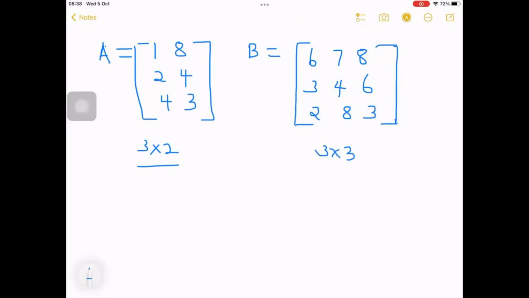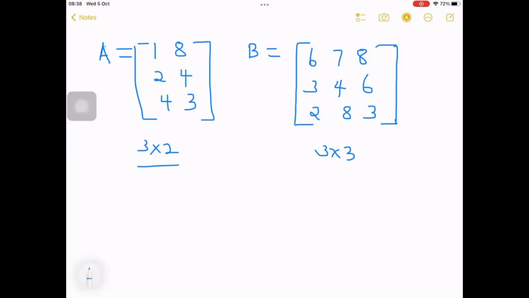Now, first of all, let's find out if we can multiply A and B. And what did we say is the criteria for multiplication of two matrices? That the number of columns in the first matrix should be the same as the number of rows in the second matrix.